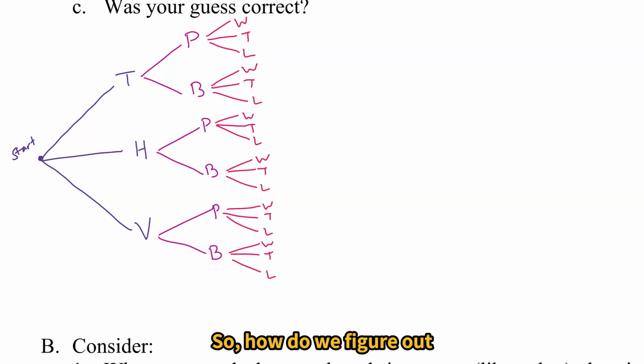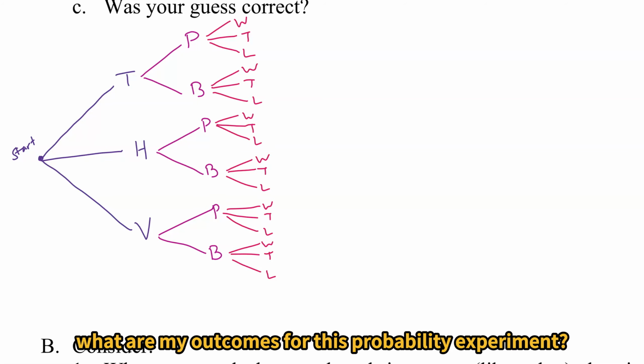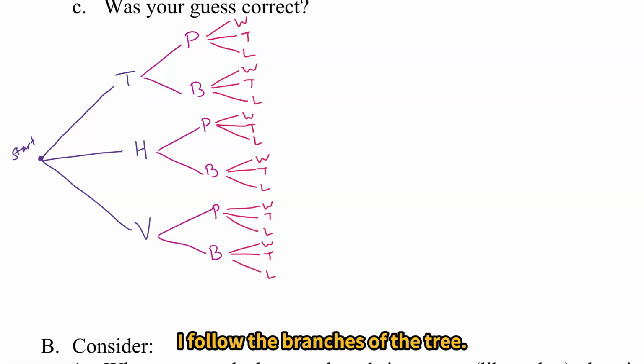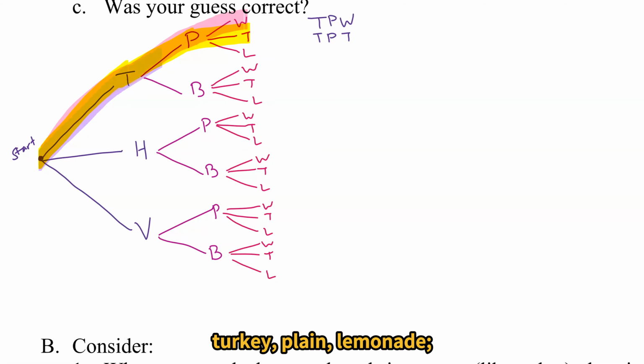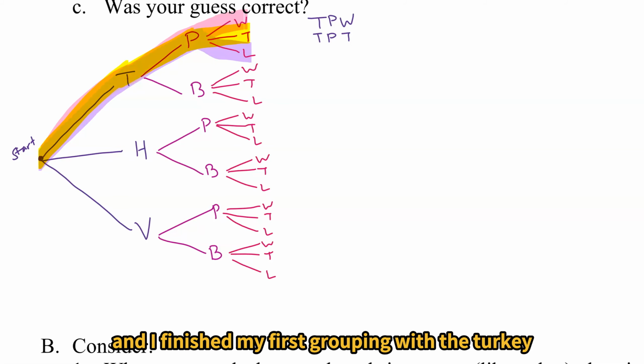So how do we figure out what my outcomes are for this probability experiment? I follow the branches of the tree. So at the start: turkey, plain, water; turkey, plain, tea; turkey, plain, lemonade.